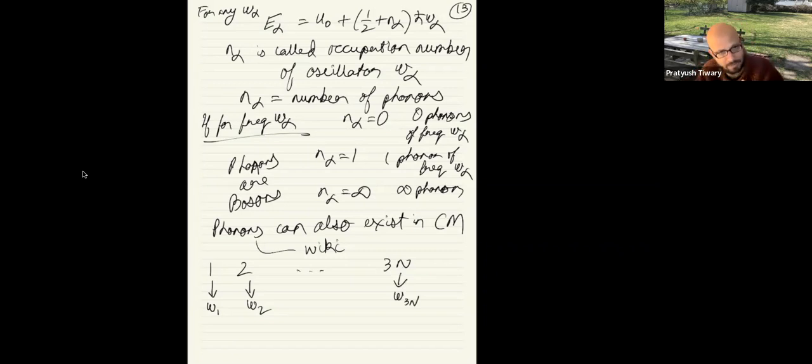On top of that, even if you had omega 1, you could be in the ground state, excited state 1, excited state 2, so on and so forth. Same for omega 3n. So it's fairly more complicated than the way we think about classical life. But now I can write down the energy of a microstate and then really get back to statistical mechanics.